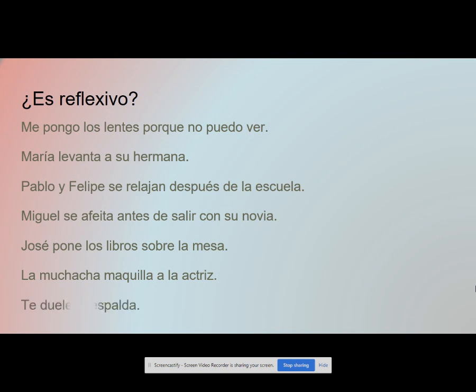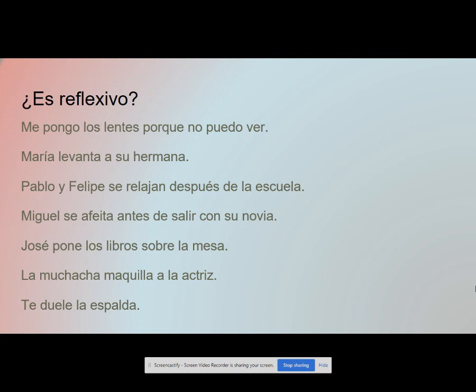Last but not least, we have ¿te duele la espalda? ¿Es reflexivo? This one's a little bit more tricky, but the sentence is not reflexive. Although it does have a pronoun te, it actually is not a reflexive verb because duele in this sentence is used like the verb gustar.